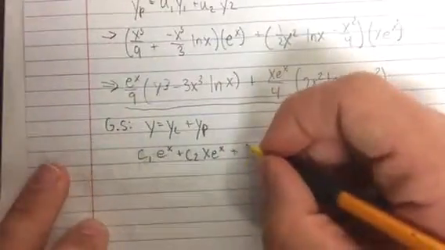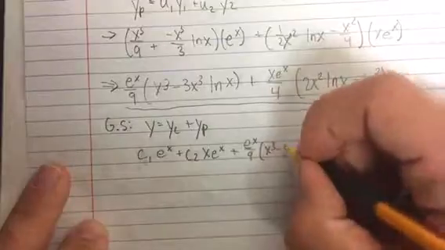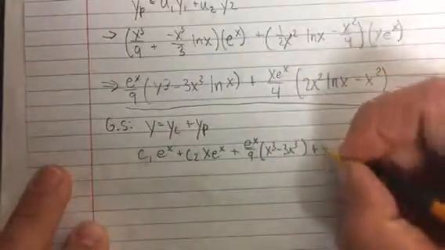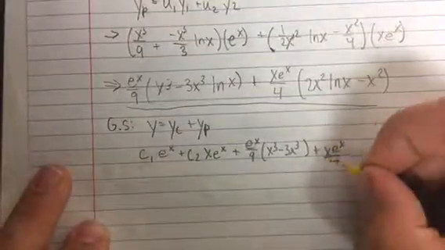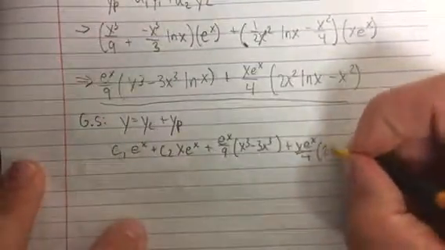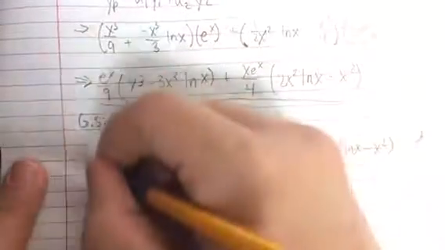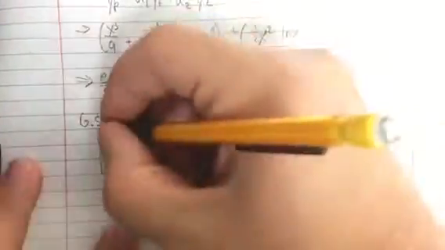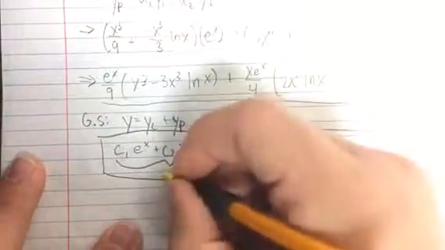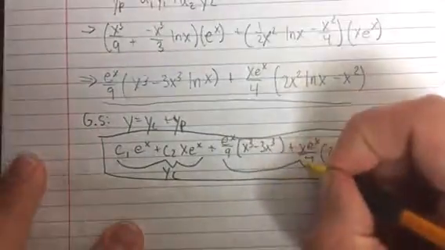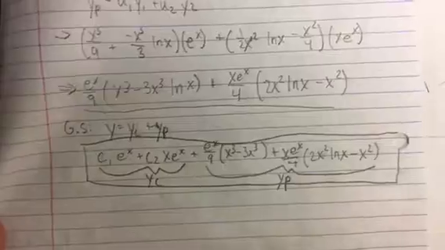Now our y sub p we just found is e to the x over 9 times (x cubed minus 3x cubed ln of x) plus x e to the x over 4 times (2x squared ln of x minus x squared). So here is our final answer, and this is equal to our y sub c, and this here is our y sub p. That's how I solved problem number 5 to homework 11. Thank you.